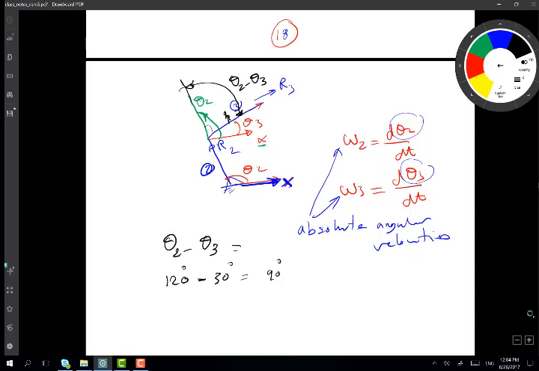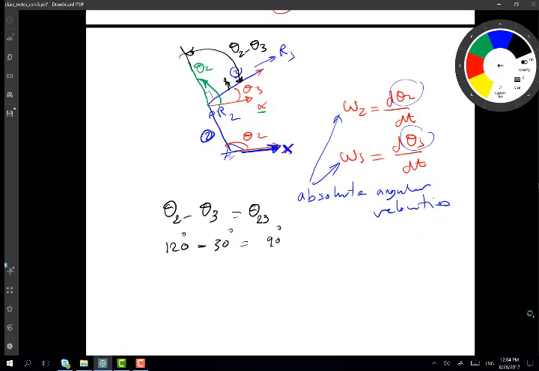So I call this theta 2 with respect to theta 3, or as if an observer is standing on link 3. So theta 2 relative to 3 is equal to theta 2 minus theta 3.